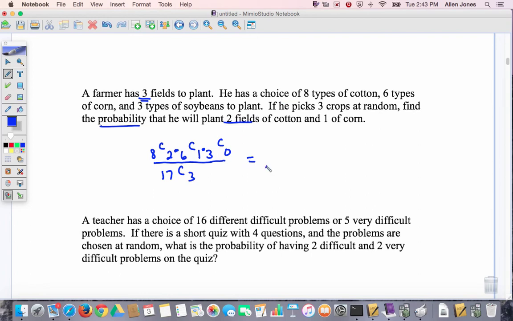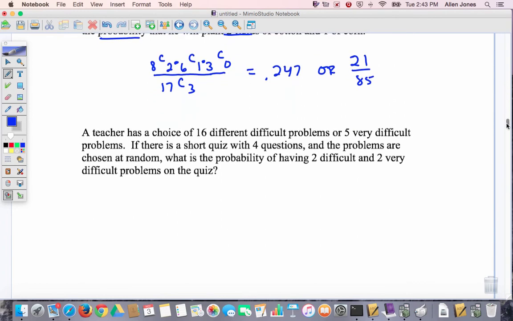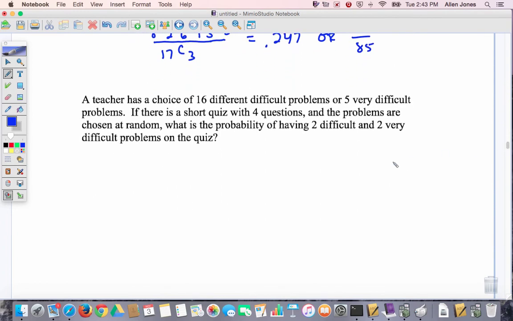Again, noting 3C0 is going to have a value of 1 if you want to take any kind of shortcut at all. Now, all we have to do, if we have that set up, is type that into our calculator. As a decimal, that's about 0.2247. As a fraction, that is 21/85.